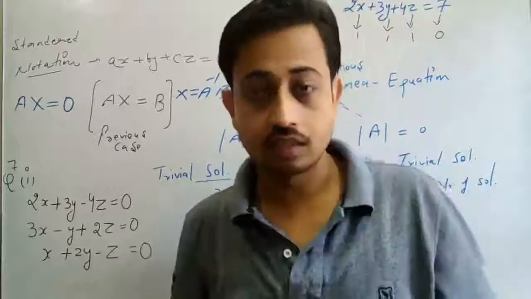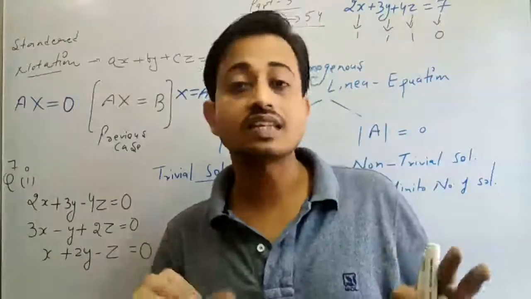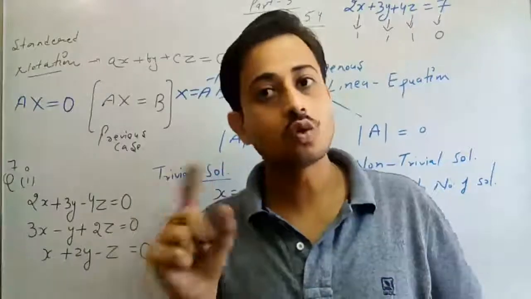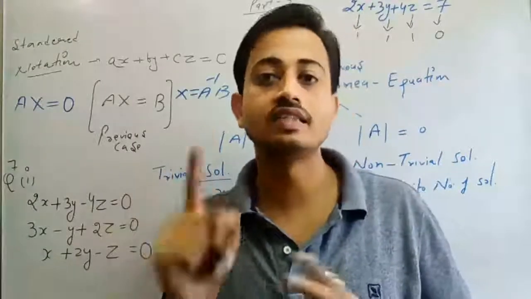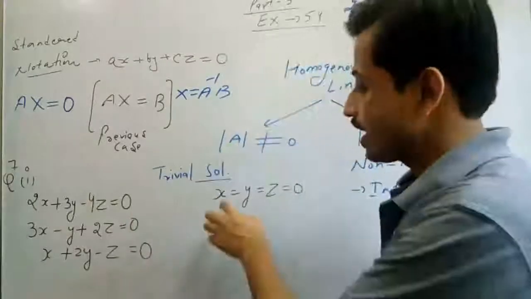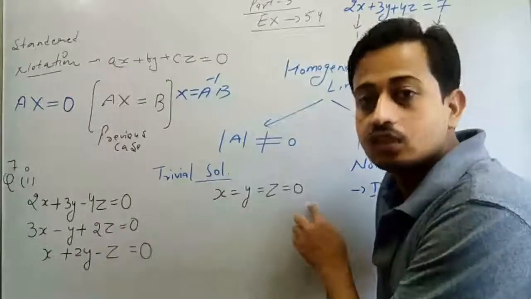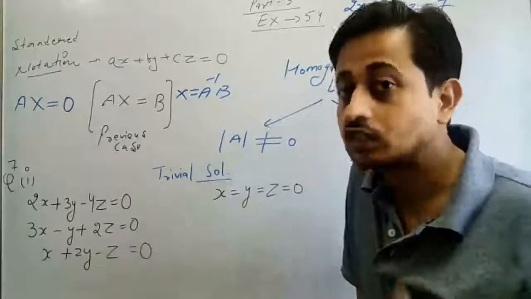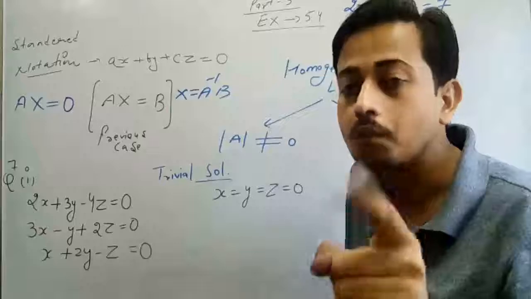It means you get the values of x, y and z all equal to 0. So x, y and z are equal to 0 and this is called the trivial solution. So please keep it in your mind.